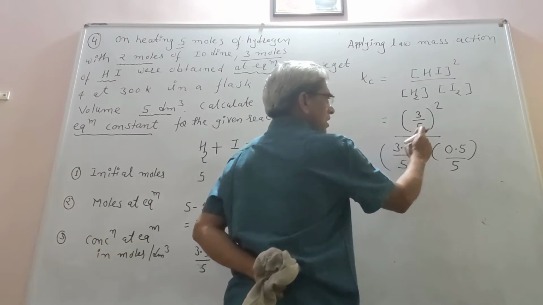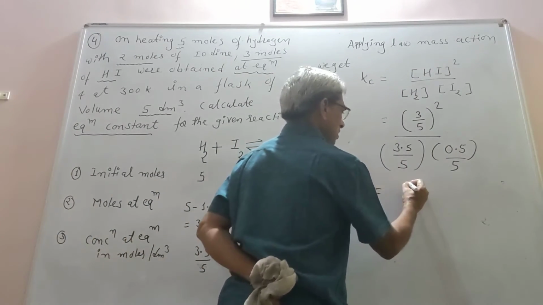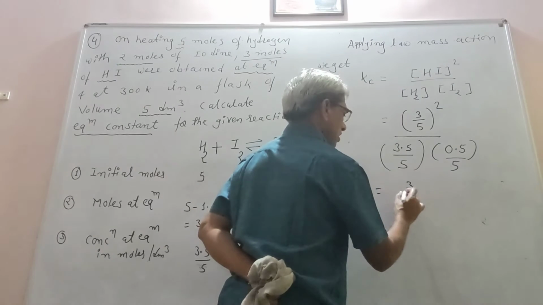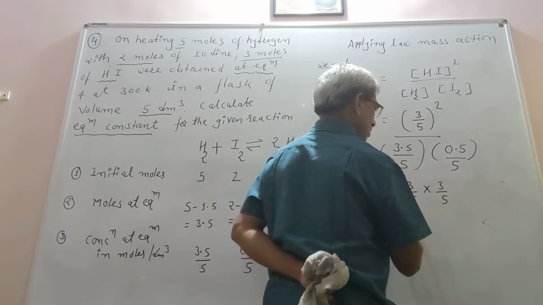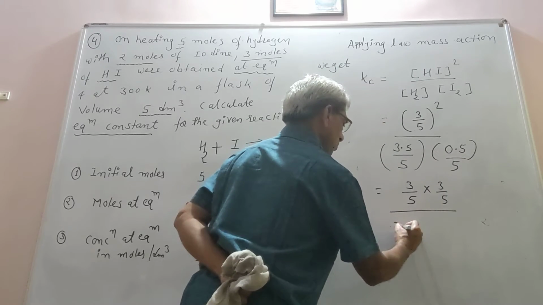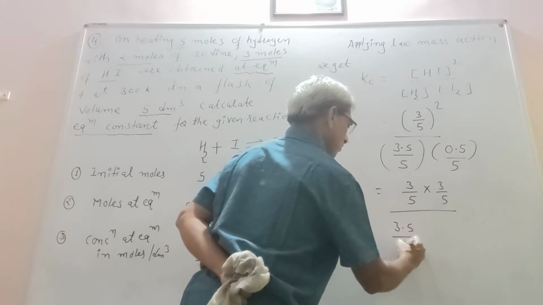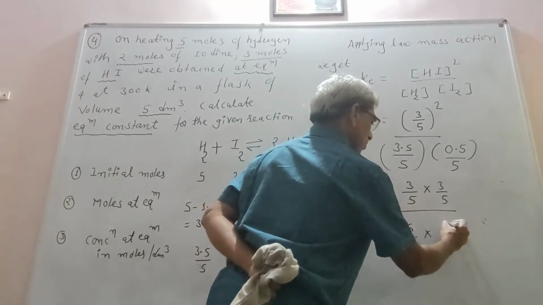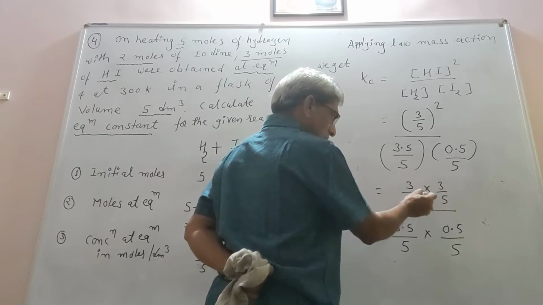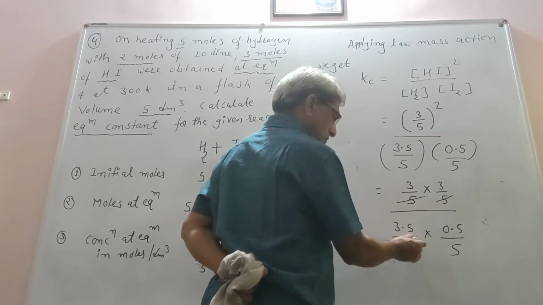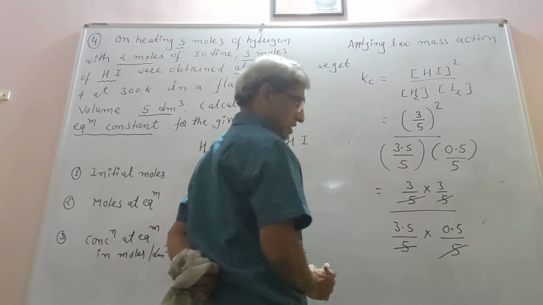It is equal to, we will write 3 by 5 into 3 by 5 upon 3.5 by 5 into 0.5 divided by 5. The 5s get cancelled.